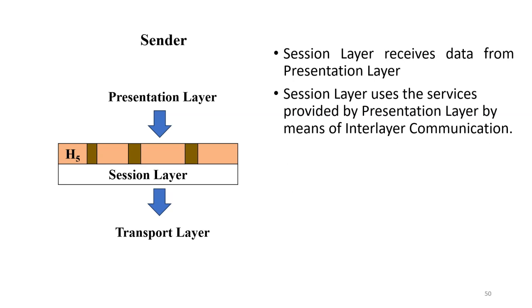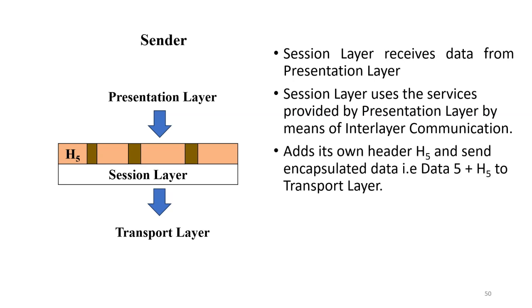The presentation layer sends data to the session layer, and after receiving the data, the session layer adds its own information in the form of header 5 and sends that encapsulated data, that is the combination of header 5 and data 5, to the lower layer, which is the transport layer.